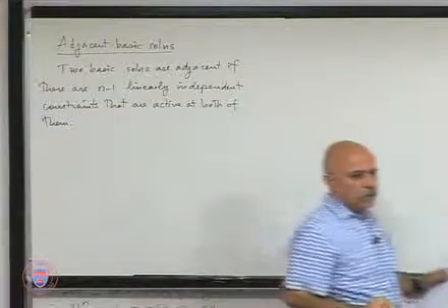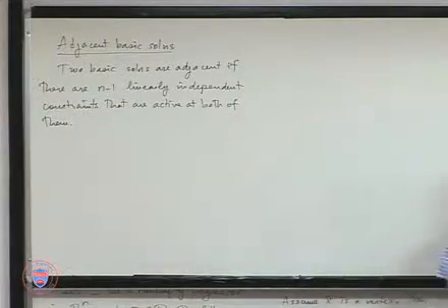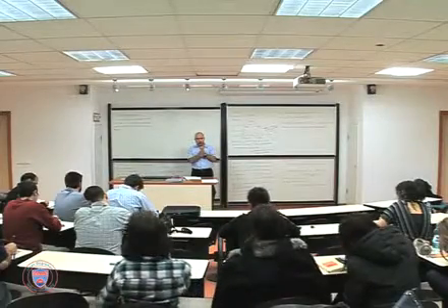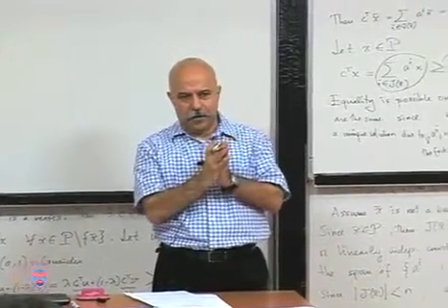So, the active sets corresponding to the two points, when you intersect them, you will be able to find n minus 1 or more linearly independent constraints in them. Okay?